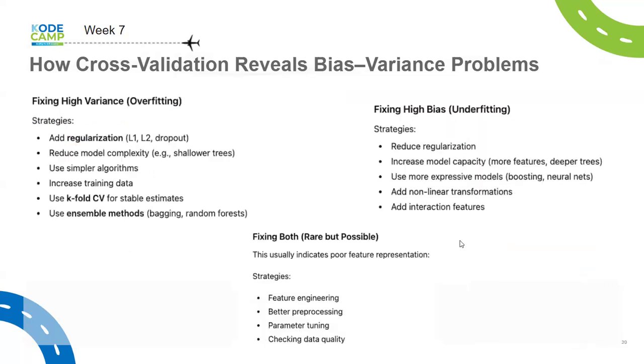Okay. So this is how you should be able to interpret the results from cross-validation, the results from even during training the model and so on, that will let you know what your model is suffering from.